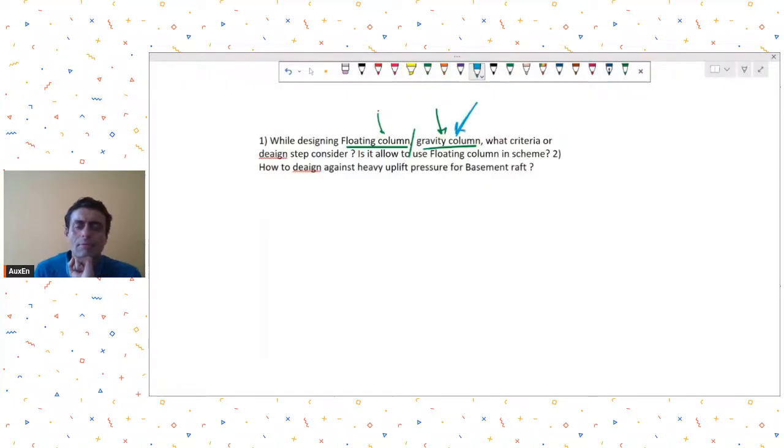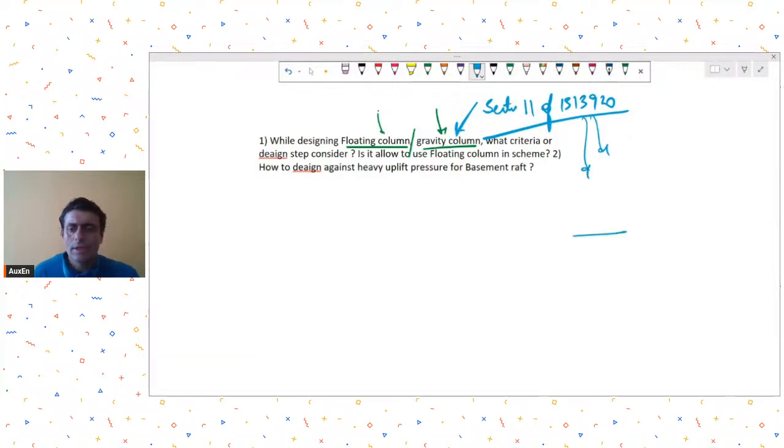So gravity column you may look for in section I think 11 or 12 of IS 13920. They have given the design process. Although the process is not very clearly explained, but the process is given in 13920. Mainly in gravity columns you have to ensure that your column behaves well under the effect of drift or under the effect of lateral sways.